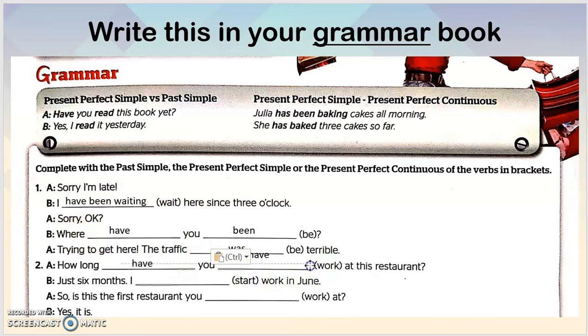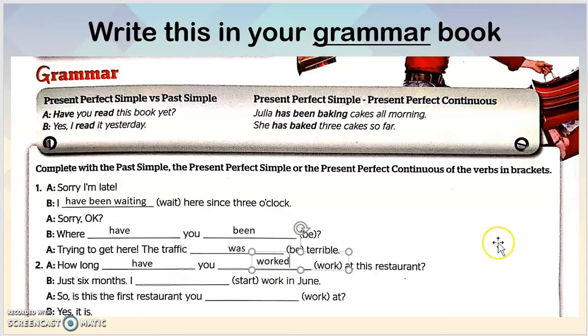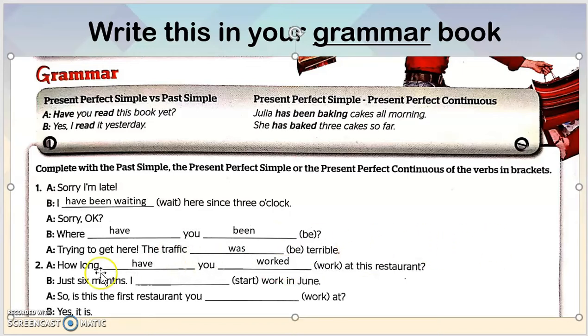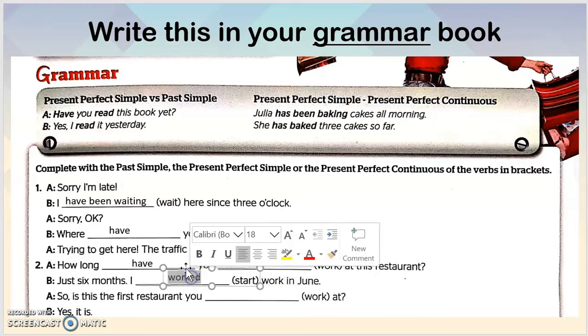Yes, the past tense of work is work plus ed. So how long have you worked at this restaurant? B says, just 6 months. I work in June. So the past tense of start is started.